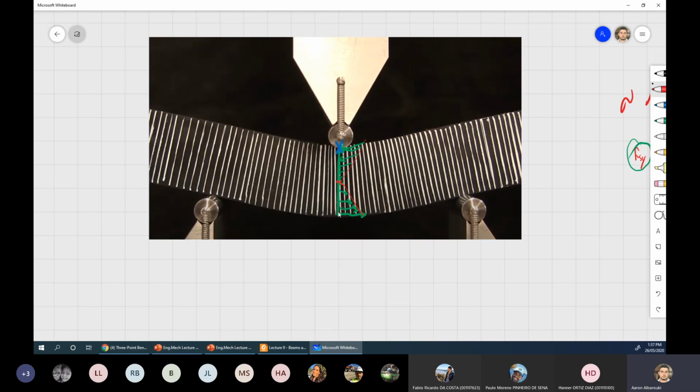And this point here is the maximum point stressed under tension. So the maximum compression stress is at the top, the maximum tension stress is at the bottom, or I can say the maximum bending stress is at the extreme ends of this beam, top or bottom. They are equal to each other but opposite in direction.